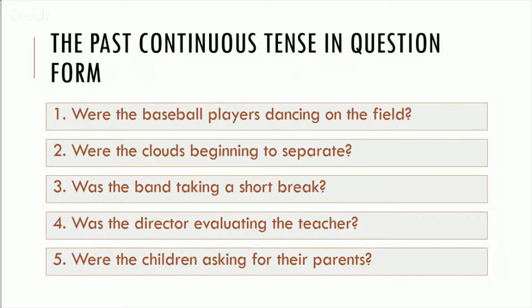The past continuous tense in question form, right? You take the verb to be in the past, you put it in the beginning of the sentence, you add a question mark at the end, and then you've made questions, okay?